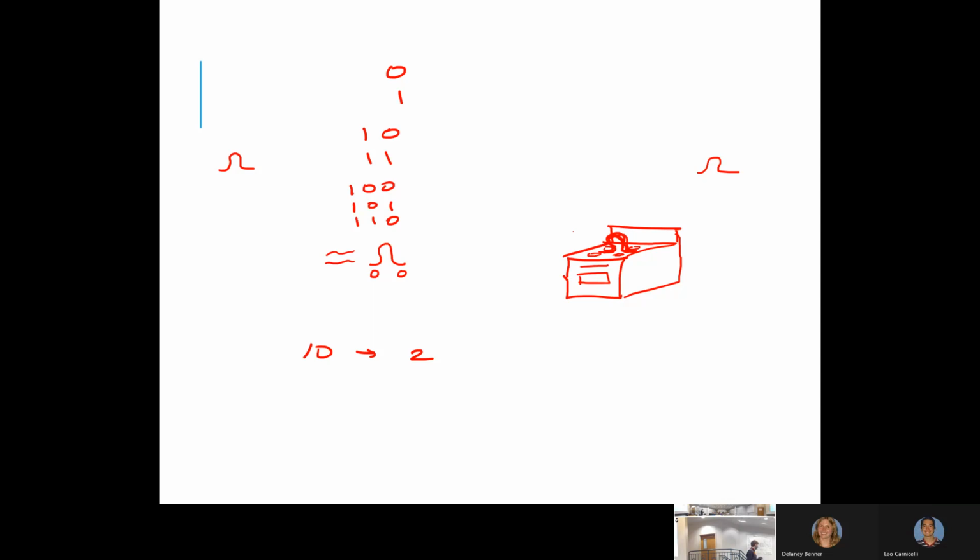But it's interesting to think about: in base 10, every time you hit a power of 10, you shift over a digit. It's the same thing in binary, just when you hit a power of 2, you shift over a digit. The next one is 2 to the third, otherwise known as 8, et cetera, et cetera.